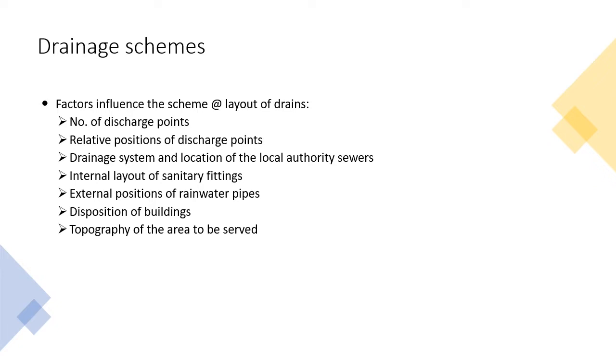Mungkin ada beberapa rainwater down pipes yang kita letakkan dekat bangunan, depends on the size of the building. External position of the rainwater pipes, disposition of the building, which means the arrangement of the buildings, topography area to be served.